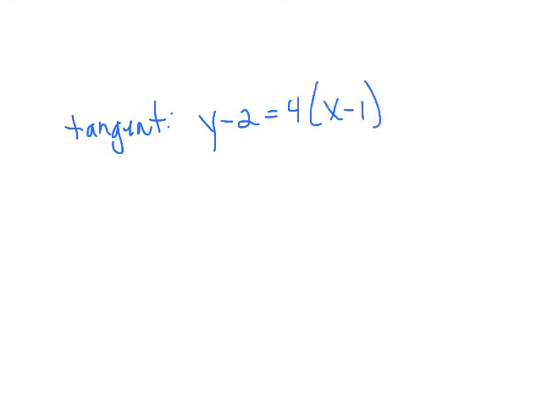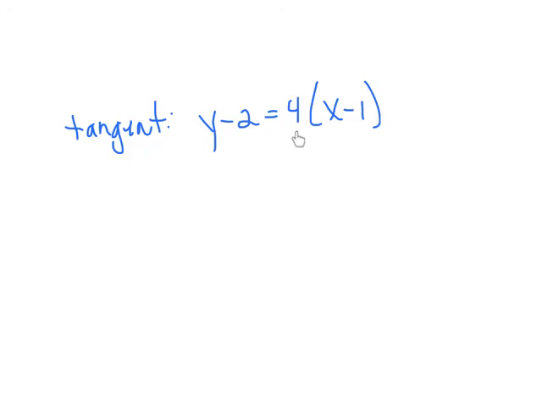Finally, I want to write the equation of the normal line at x is equal to 1. To do that, we start with the tangent line that we just found. The line that's tangent is going to be y minus 2 is equal to 4 times x minus 1. It takes one step to do this.